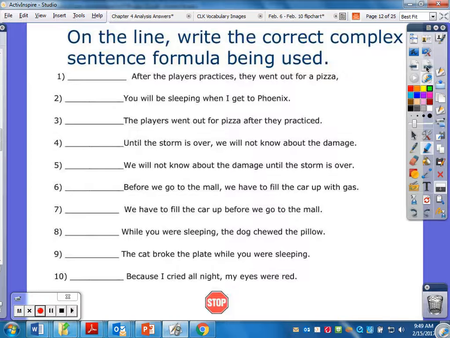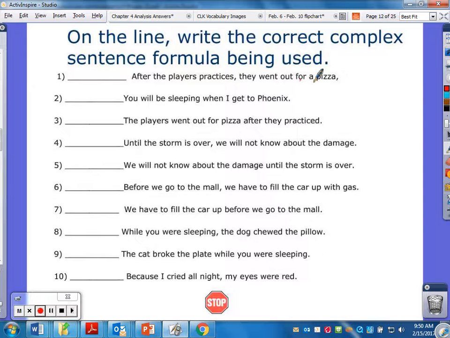Let's take a look at these sentences. They are all complex, but we want to decide where the dependent clause is and what formula is being used. Remember, in order to find a dependent clause, we look for the subordinating conjunction. In this case, we're going to circle just the subordinating conjunction first. After the players practiced, they went out for pizza. Where's your subordinating conjunction?